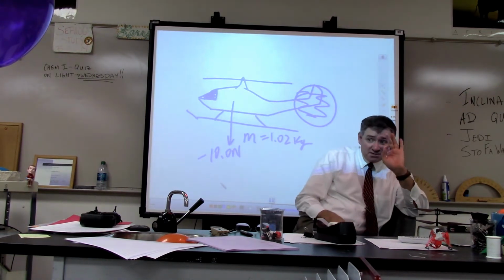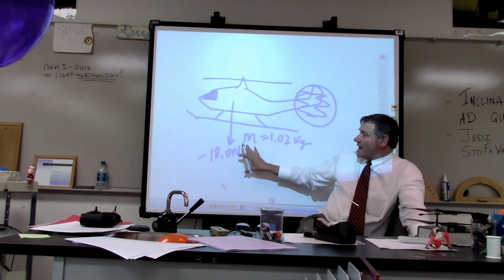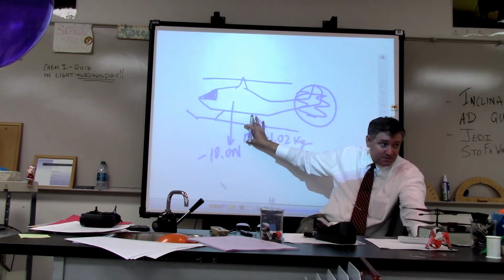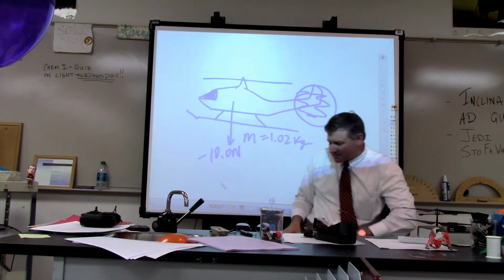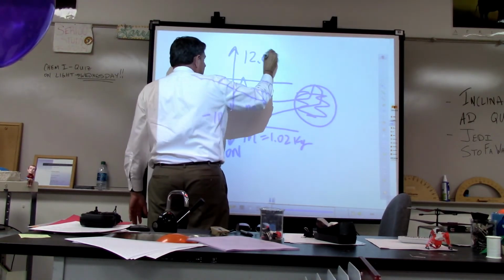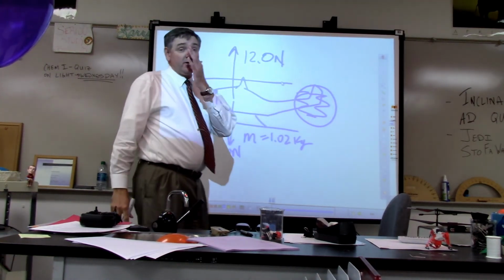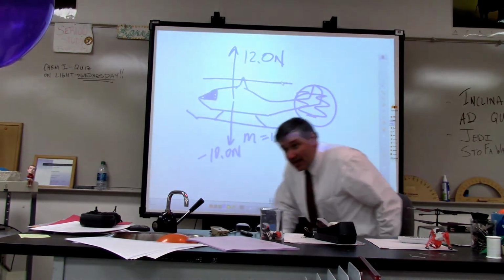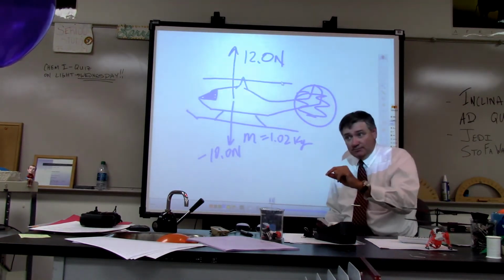If I want to accelerate upward, what has to happen to my applied force? It has to be more than 10. Yeah, let's say that I go to full throttle and my upward force is 12 newtons. So here's what you can do and what you can't do.